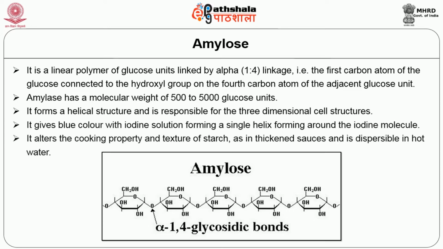It gives blue color with iodine solution, forming a single helix around the iodine molecule. It alters the cooking property and structure of starch as in thickened sauces and is dispersible in hot water.